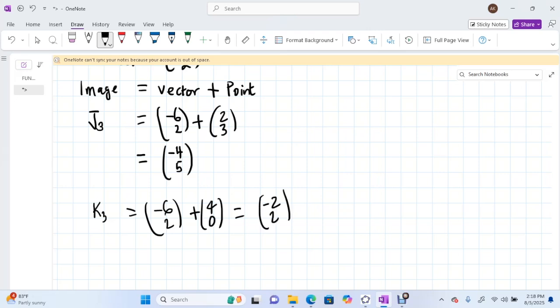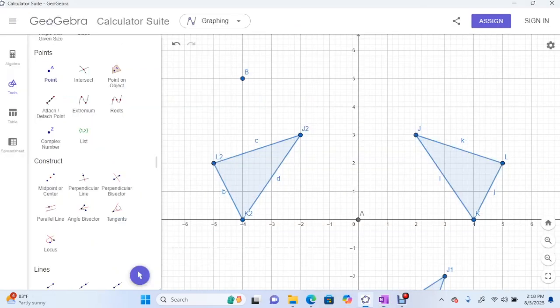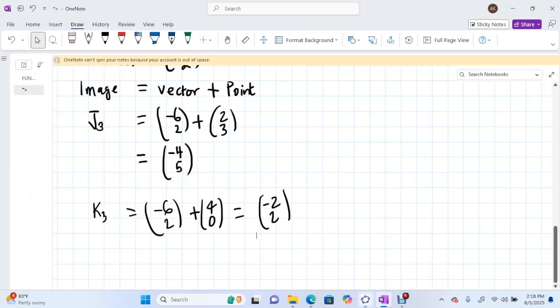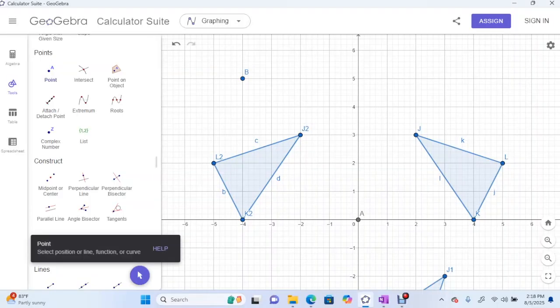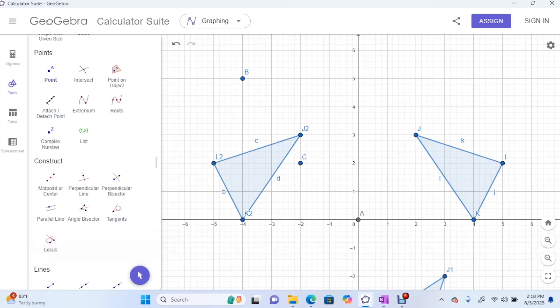So that becomes the point K3. So we go here to our graph, and then I select point. This is -2 and 2, so that's going to be here.